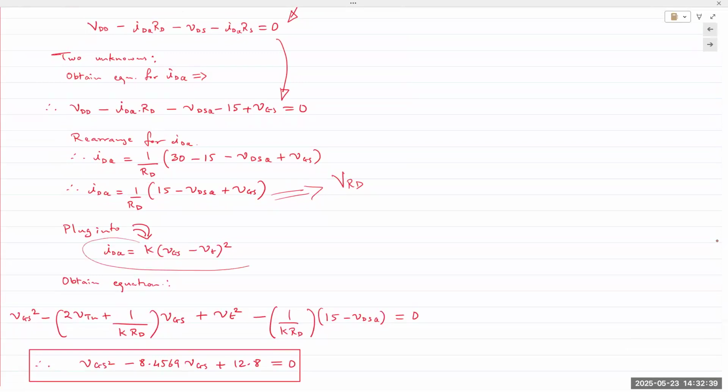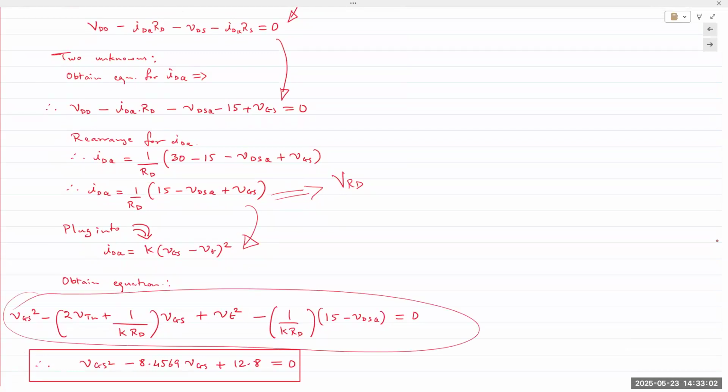We have an equation that relates both ID and VGS, so we're going to plug the previous equation in here. Once we do that, we're going to obtain a quadratic. It's a square, so we all know where it's going. It's going to give us a quadratic equation, which is listed here.